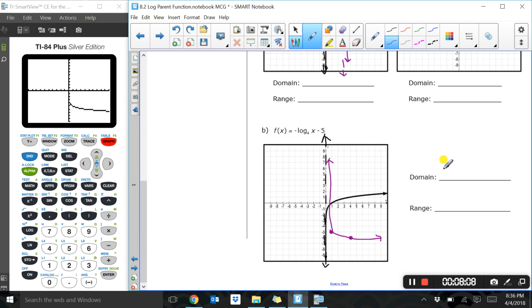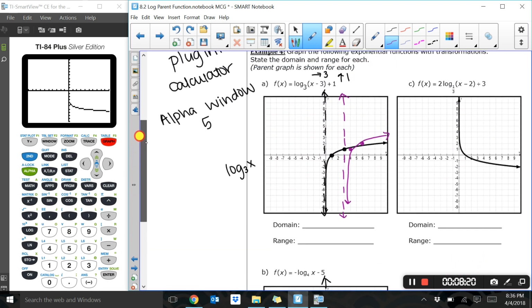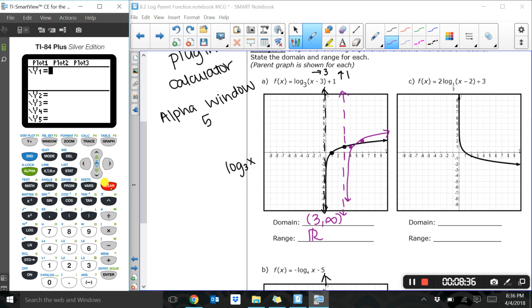So your domain on this one is still from 0 to infinity, and your range is all real numbers. Let's go back up to this one and do the domain. This time, since our asymptote moved to 3, our domain is from 3 to infinity, and your range is still all real numbers.